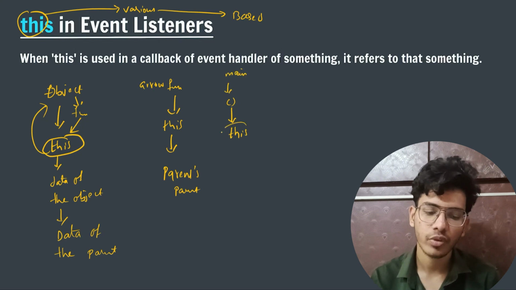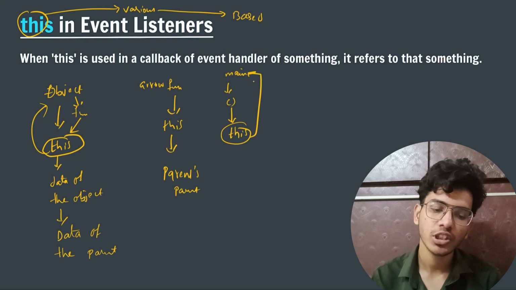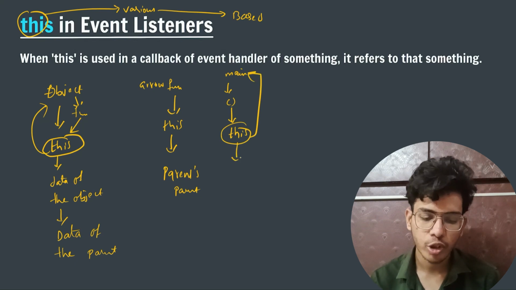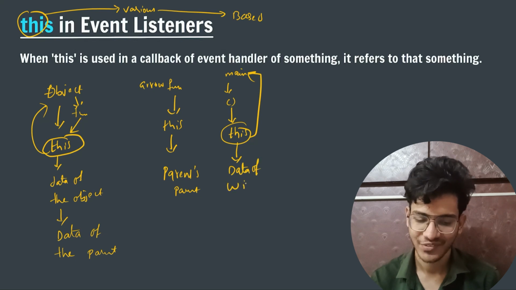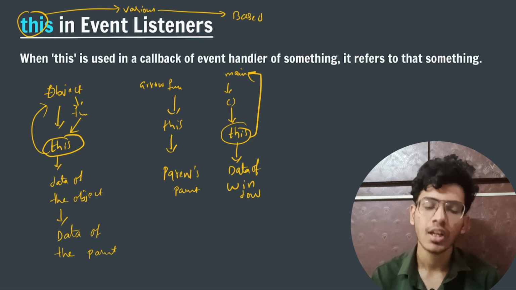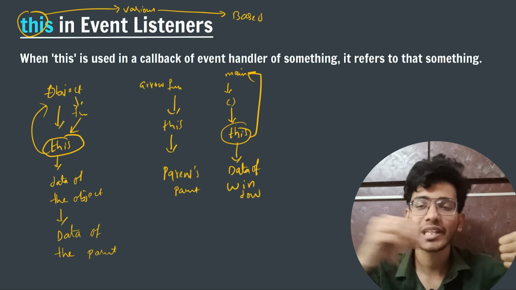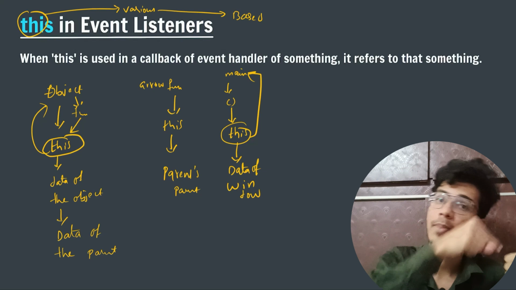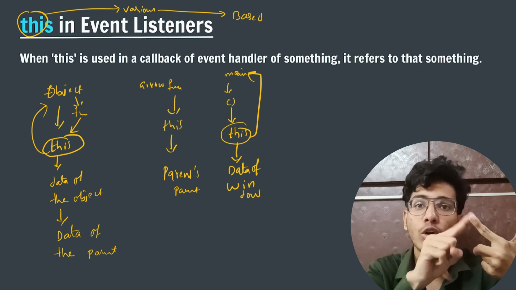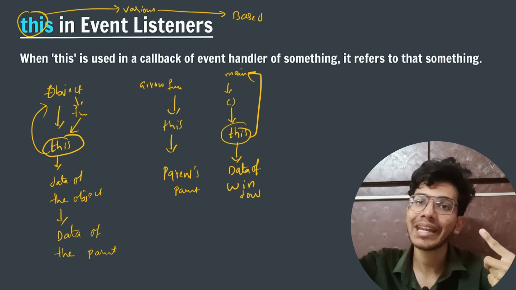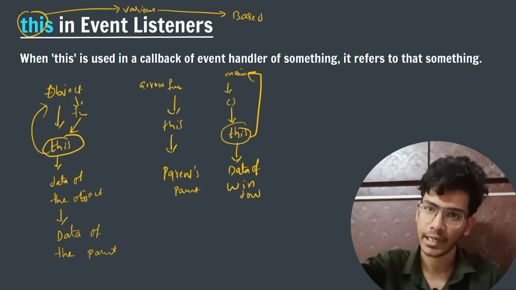So what this will do is point to this main function, and it will store the data of the window object. This might be a little bit confusing, but try to understand. For a normal object, this keyword will store the data of that particular object. For arrow functions, it will store the data of the parent's parent.